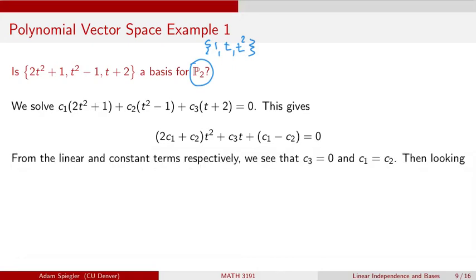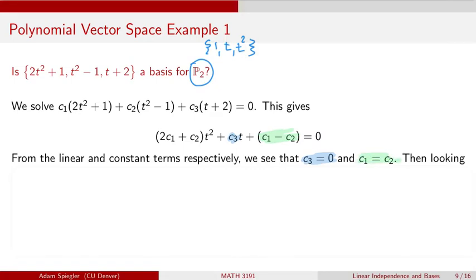What we can see is from this term right here, the linear term, if we're going to get a zero polynomial back, c3 is going to have to be equal to 0. Similarly, if the constant term, which is c1 minus c2, is to give the zero polynomial, then the constant term should also be equal to 0.